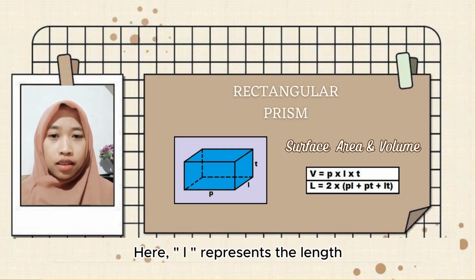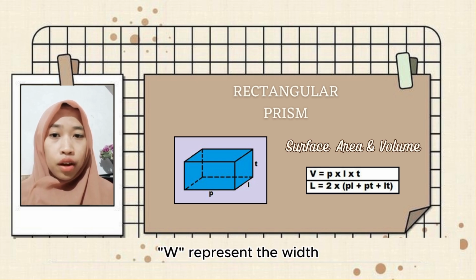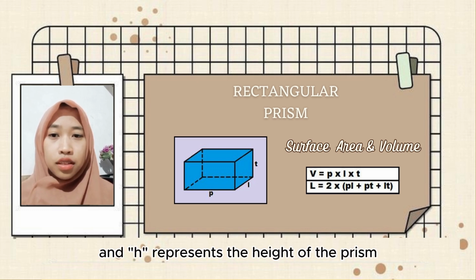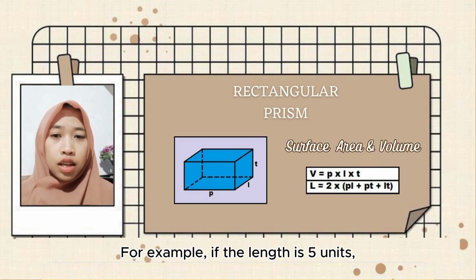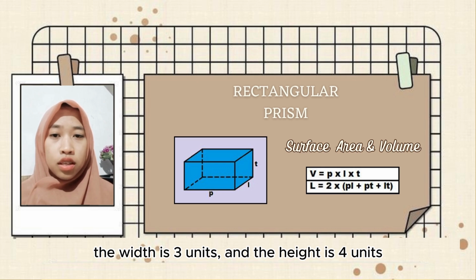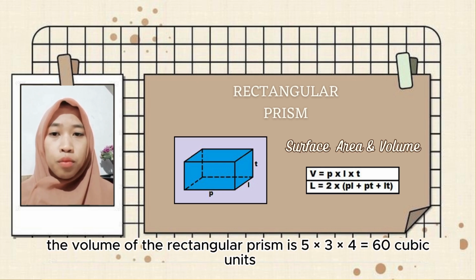Here, L represents the length, W represents the width, and H represents the height of the prism. For example, if the length is 5 units, the width is 3 units, and the height is 4 units, the volume of the rectangular prism is 5 times 3 times 4 equals 60 cubic units.